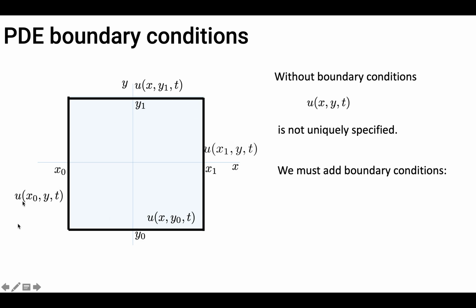So, for example, we may say u(0, y, t) is equal to f(y) for some function f, right? And on this side, y is fixed at 0 and x can vary, so we may say u(x, 0, t) is equal to g(x), for example.